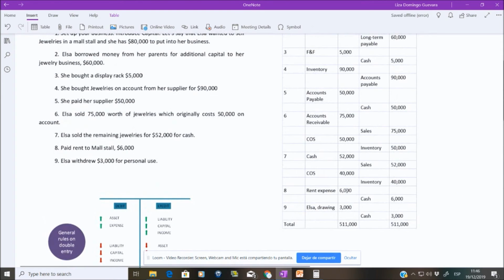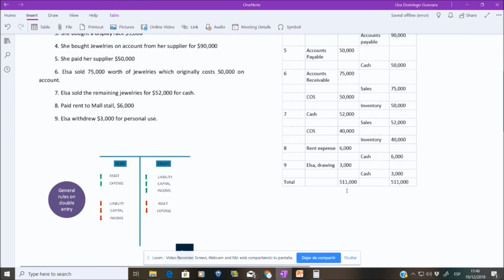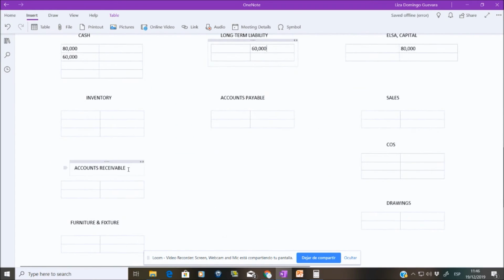Number three, we have debited furnitures and fixtures 5,000 and credited cash 5,000.